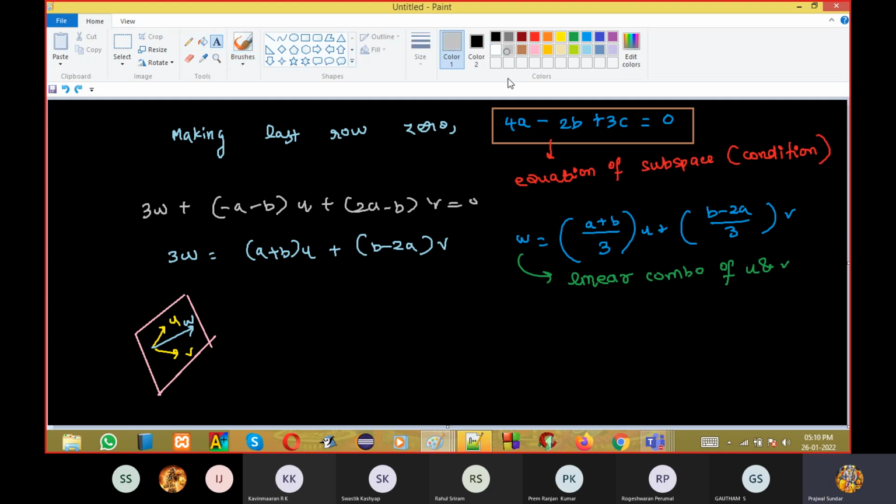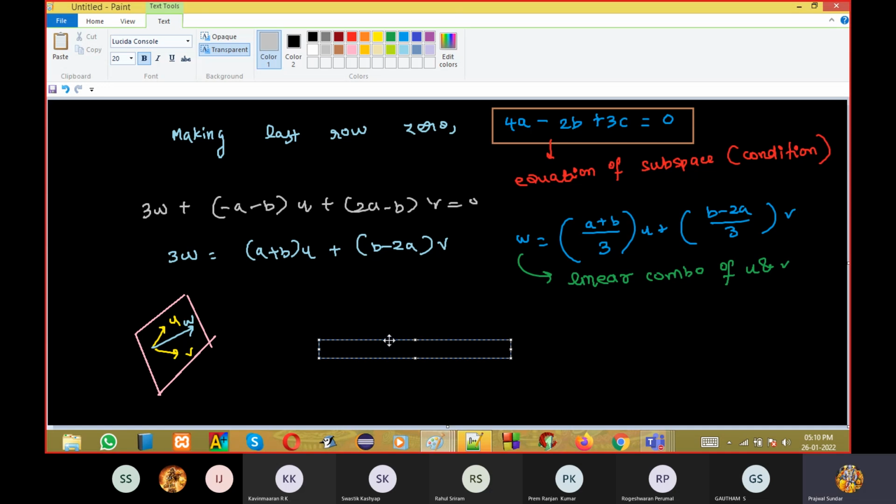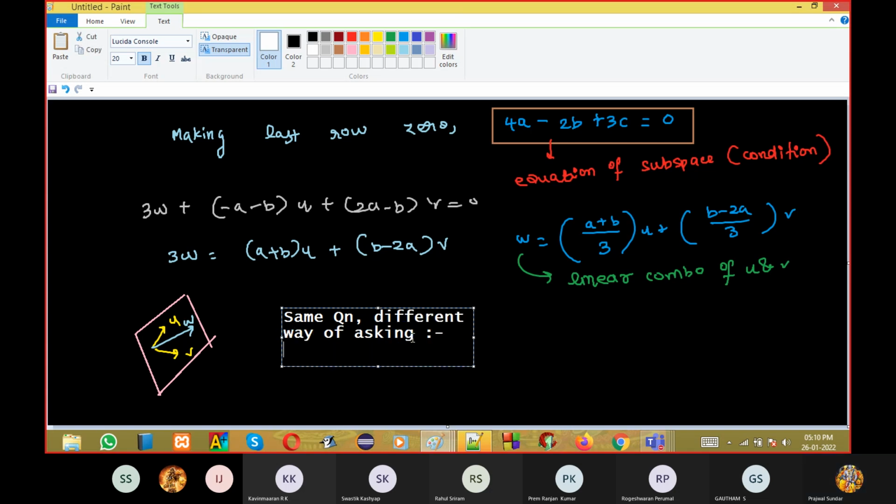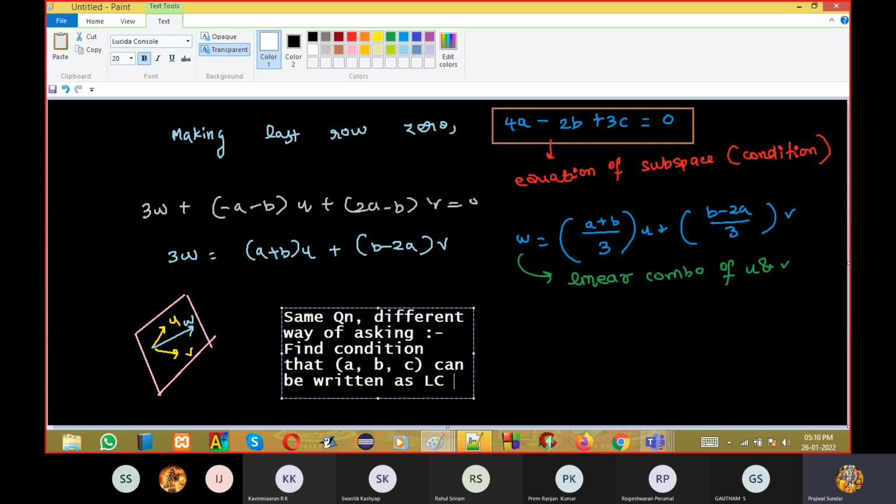So the same question you can ask like this. Listen carefully. A different way of asking is: find the condition that a, b, c can be written as a linear combination of given vectors.